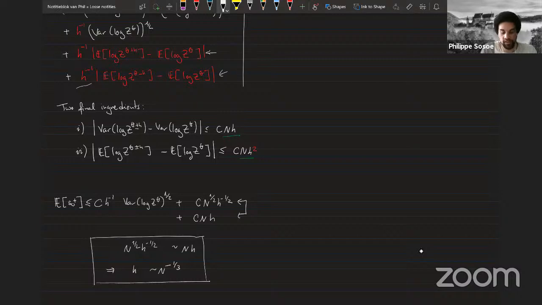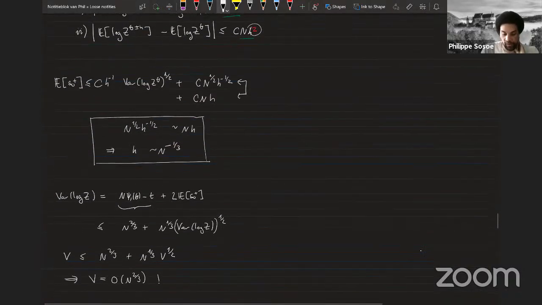So you choose h to be n to the minus 1/3 if you want these two error terms equal: the error term coming from curvature, how the expectation, the first order behavior, reacts to changing the parameter theta, and how the variance changes when we change the parameter. If we set these two equal to each other, as they appear in the equations, that's where we get the n to the minus 1/3.